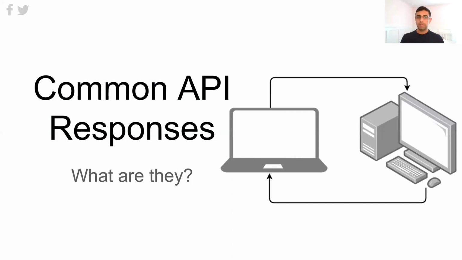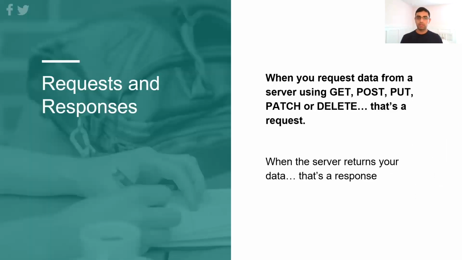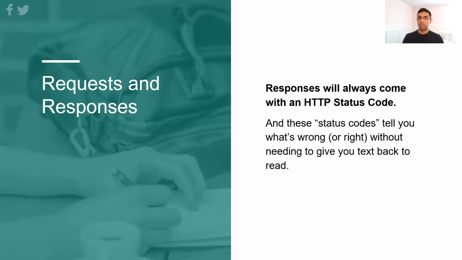So now, coming back to what the common API responses are when you request data from a server using post, put, patch, delete: the server returns a response. When it returns a response, it also returns a status code.